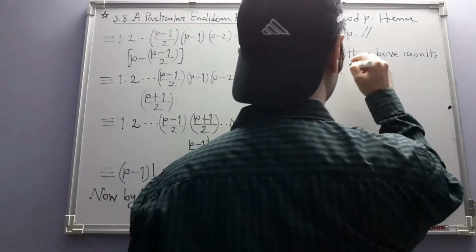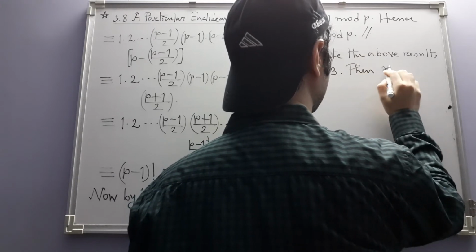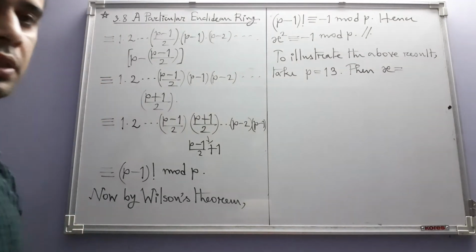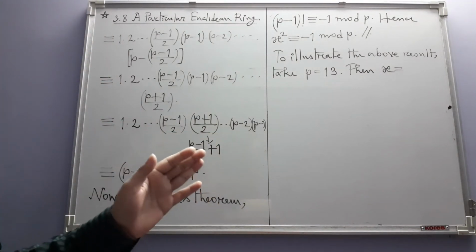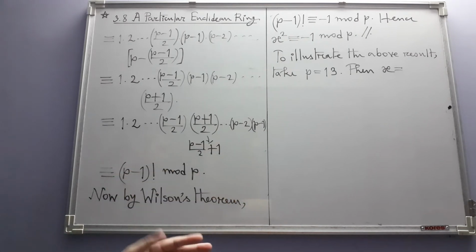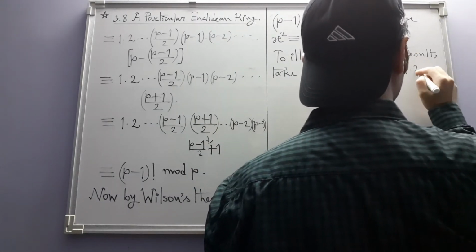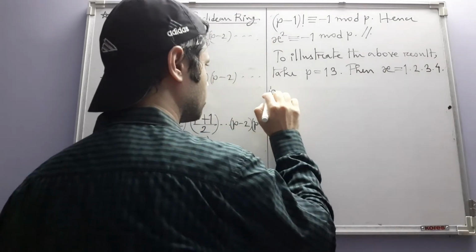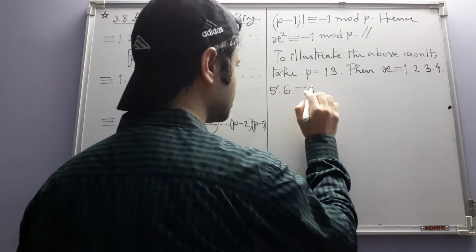Then what will x be in this particular case? We have to start from 1 and we will end at 13 minus 1 divided by 2, that is 6. So x is 1, 2, 3, 4, 5, 6.